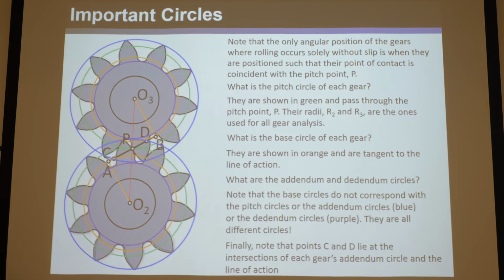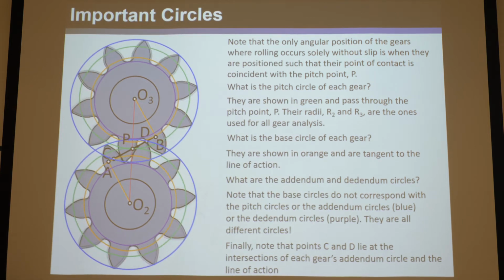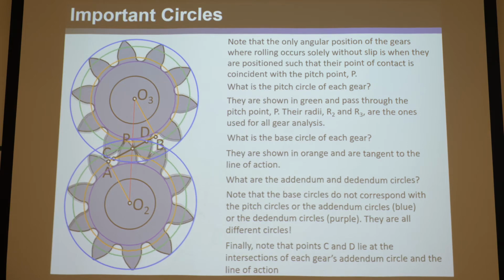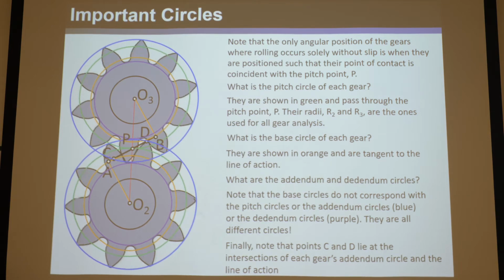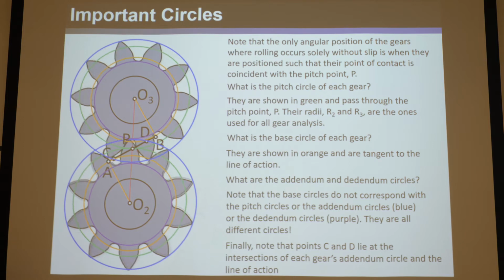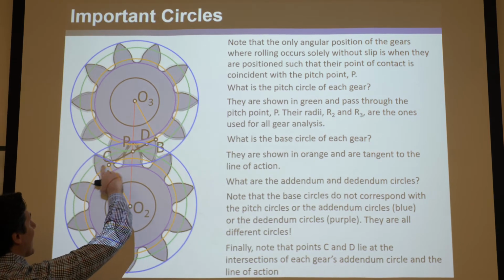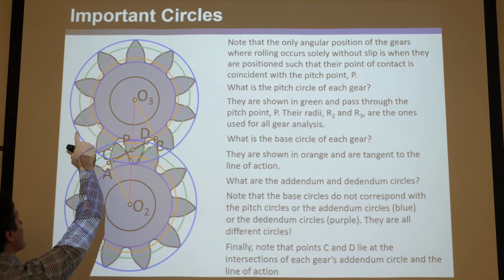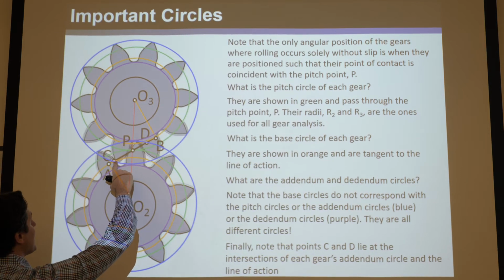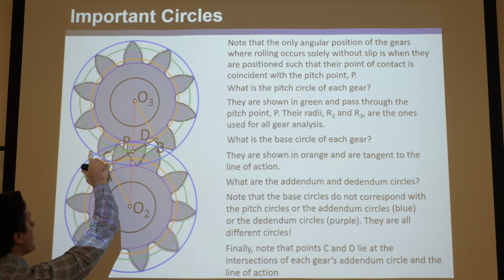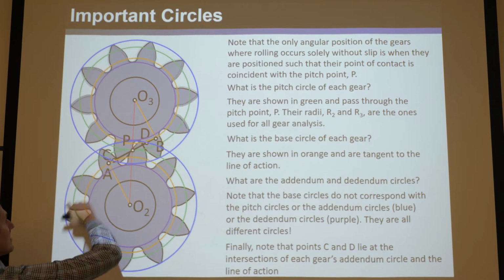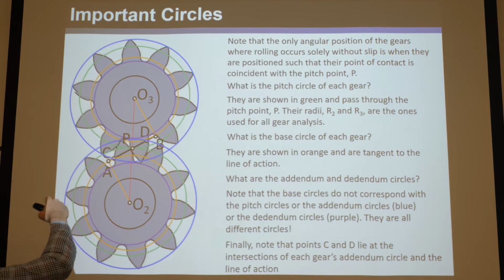Another really interesting point is note that points C and D lie at the intersection of each gear's addendum circle and the line of action. Okay, so what we're saying is this line of action, this black line, wherever it intersects, say this addendum circle here, will be C. See, the black line intersects this blue circle here at C. That makes sense because that's where these gears will first touch.